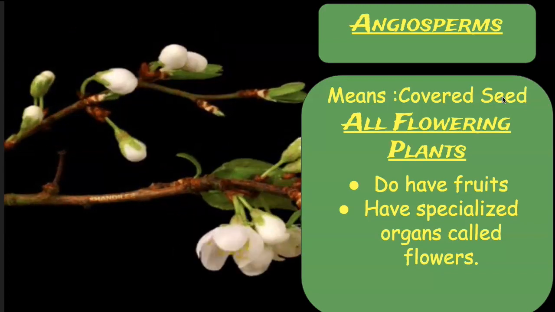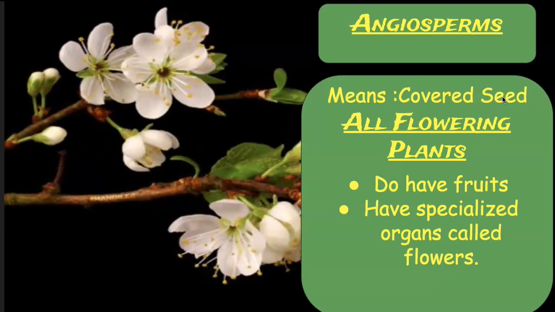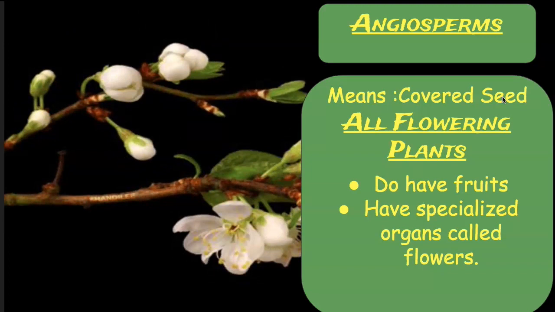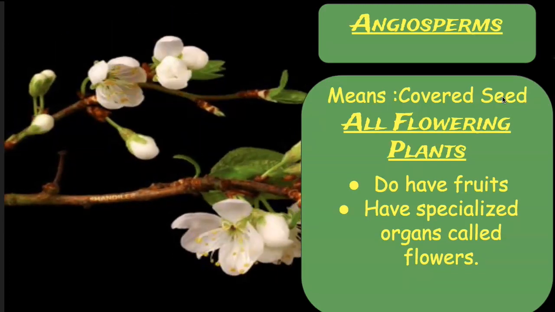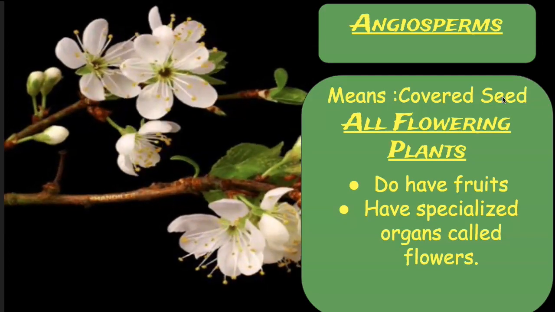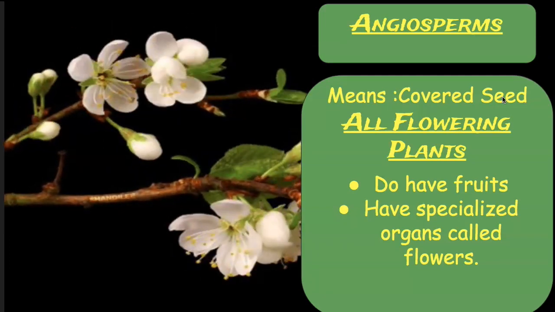It wasn't like we had one flowering plant and they slowly evolved into more and more flowering plants. It was just like all of a sudden there appeared hundreds and thousands of different species of flowering plants, and Darwin wondered how this could happen.